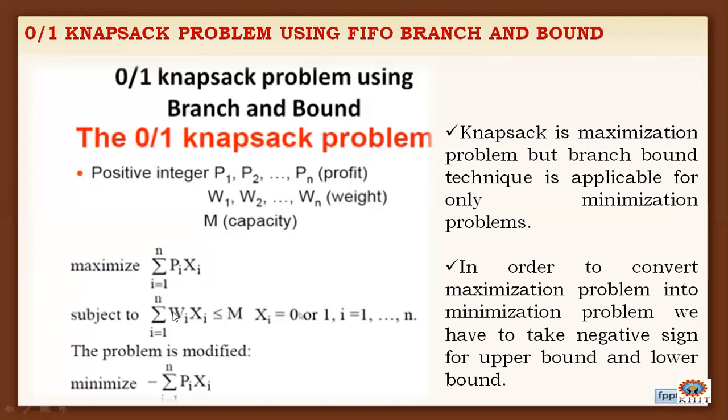The total weight of the items you keep in the knapsack cannot exceed the knapsack capacity. So here you have the provision to take items: either you take the complete item or you do not take it. You do not have the provision to break the item into pieces.